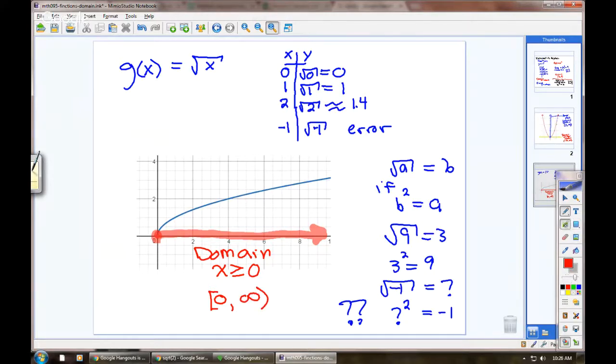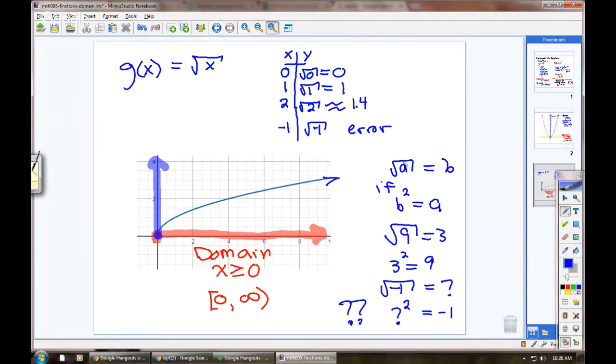As far as the range goes, you have that point 0, 0, so the range starts here. And then my claim is that this function keeps going. As x gets bigger, the square root gets bigger. And so this function continues to move right and climb forever. Okay?